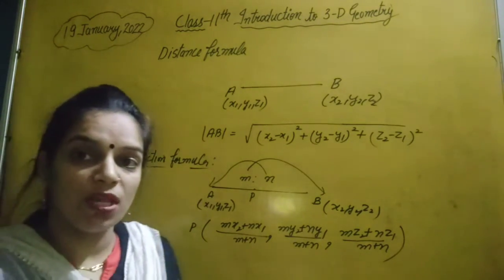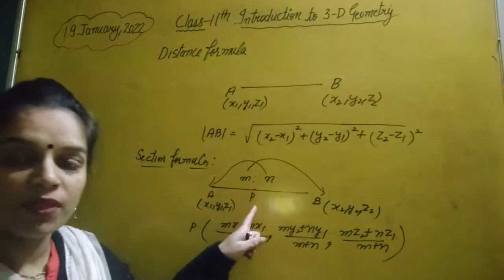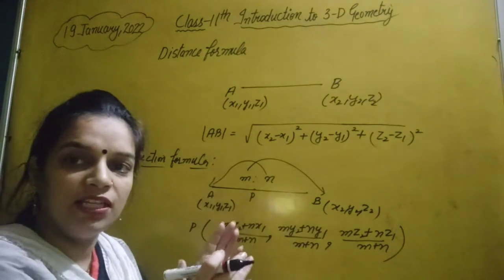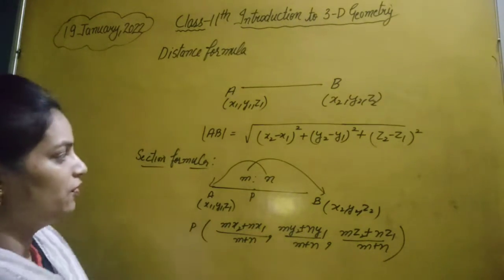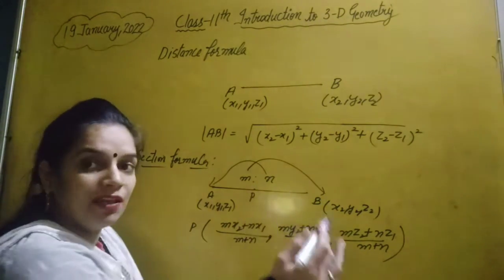With the help of this formula we can find the coordinates of P which is dividing AB internally in the ratio m:n. This formula is also applicable if point P divides AB externally.